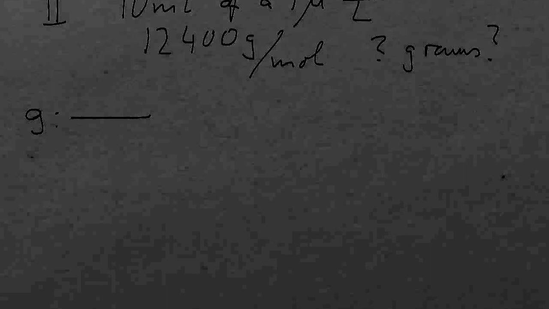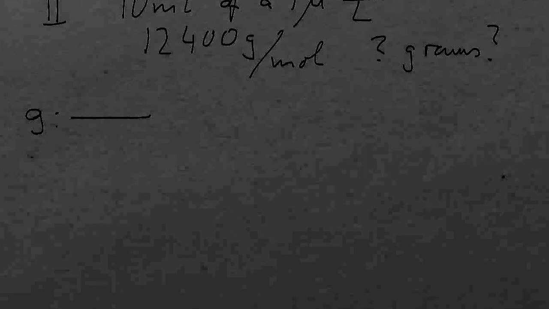So how many grams do we need for that? What is the unit of the thing that I'm looking for? It's grams, so let's write down grams. Do we have anywhere in our given something that has grams in it?